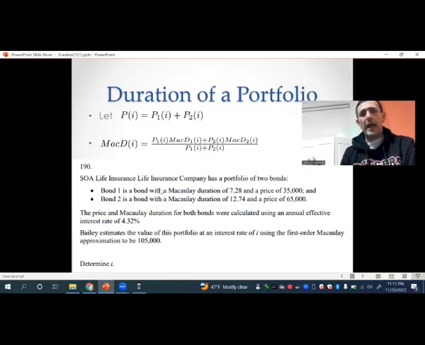Everything is going to be at this interest rate, 4.32%. I'm not going to rewrite all these I's.